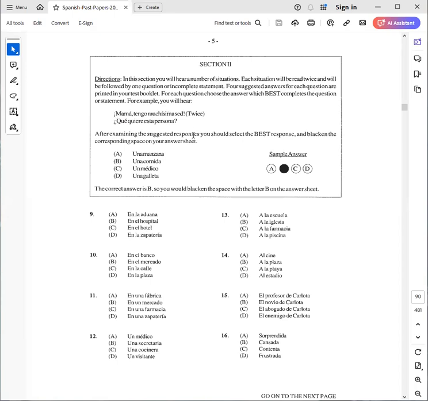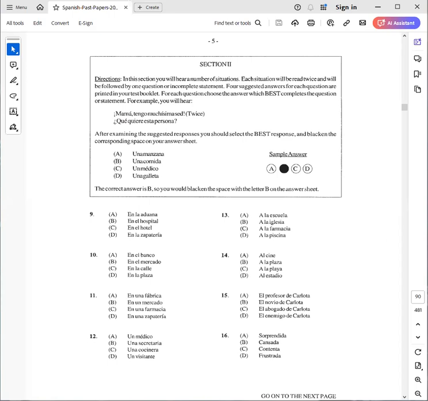For example, mamá, tengo muchísima sed. Mamá, tengo muchísima sed. ¿Qué quiere esta persona? So after the sentence or the question or statement is read twice, of course, then an incomplete statement or a question is read, and then you choose your response, the one that corresponds to what the question is asking or to complete the statement.